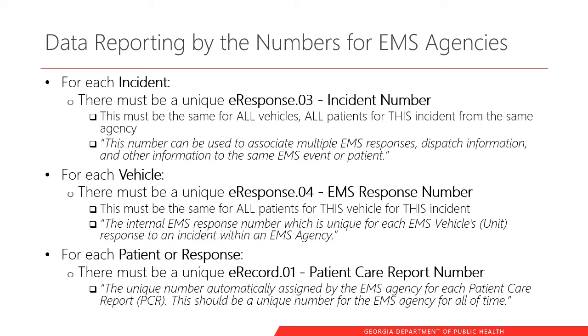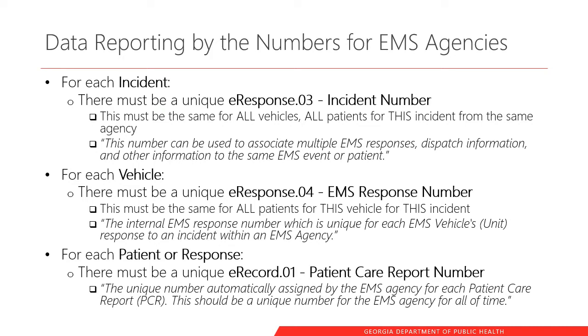There must also be a unique eRecord.01, which is the patient care report number. This is the unique number automatically assigned by the EMS agency for each patient care report. This should be a unique number for the EMS agency for all time. So it's generally best to use this as an auto-generated number from your software vendor. And if you use GEMSIS Elite, that is what is done, it is auto-generated.